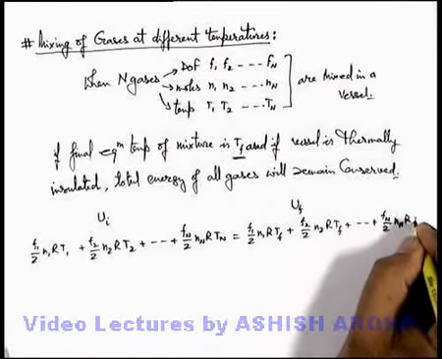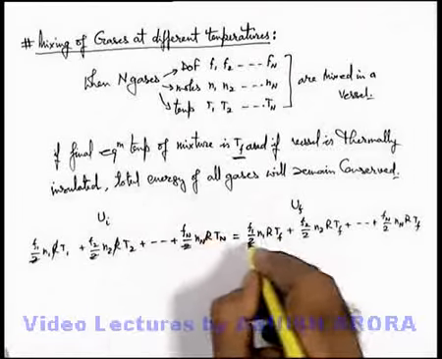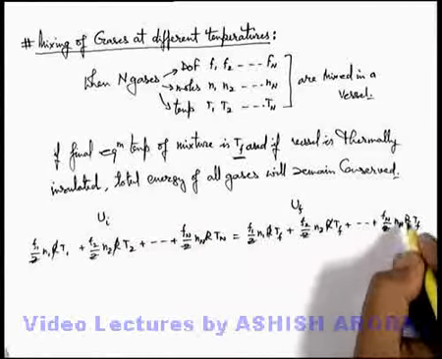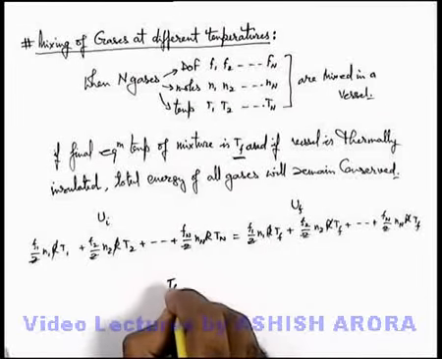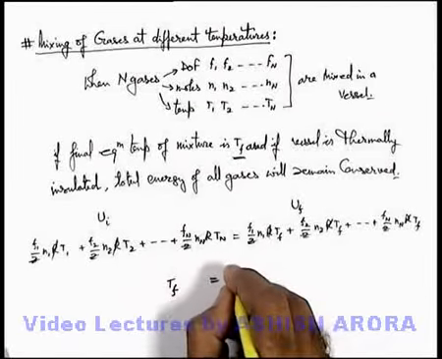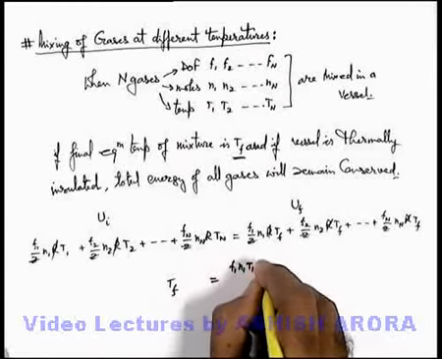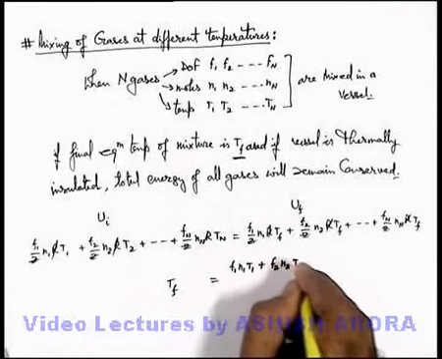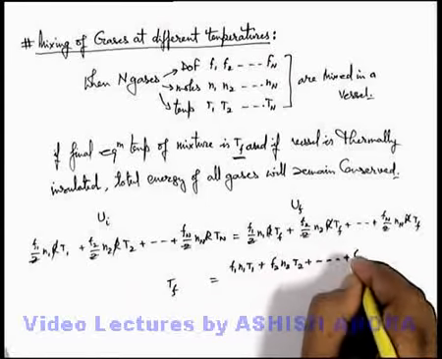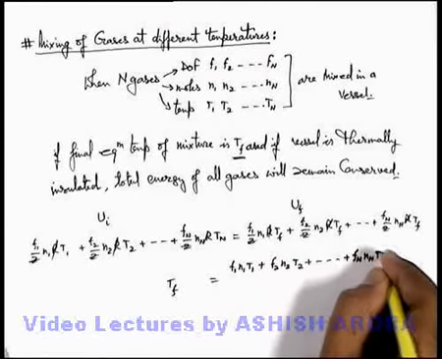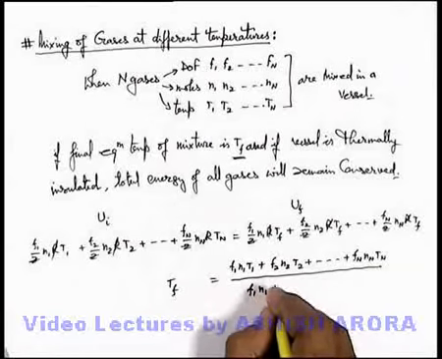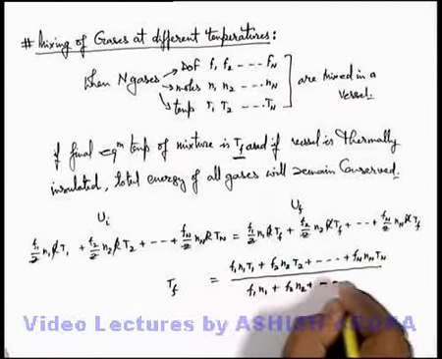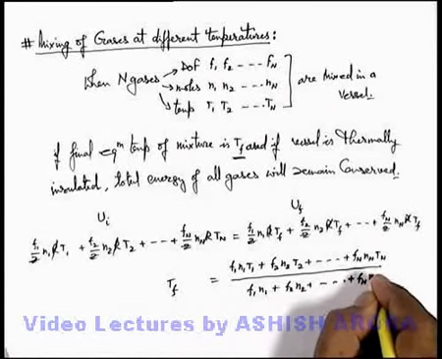So in this situation you can see this 2 and R gets cancelled out for the whole expression, and directly on rearranging the parameters we'll get the final equilibrium temperature, which is equals to F1 N1 T1 plus F2 N2 T2 plus and so on up to Fn Nn Tn upon F1 N1 plus F2 N2 plus and so on up to Fn Nn.